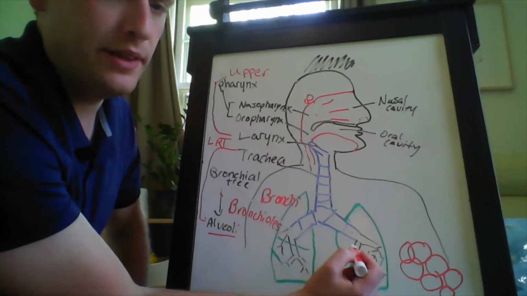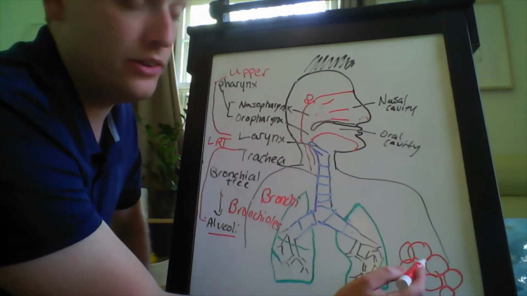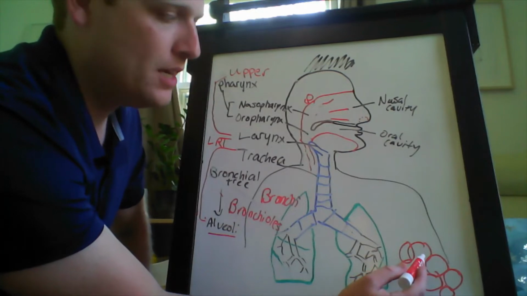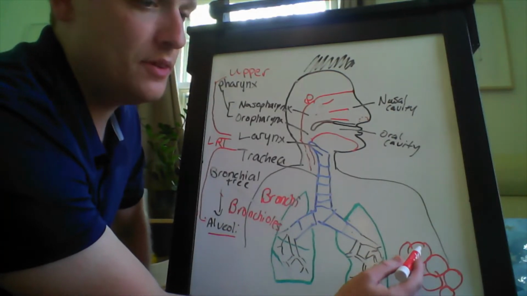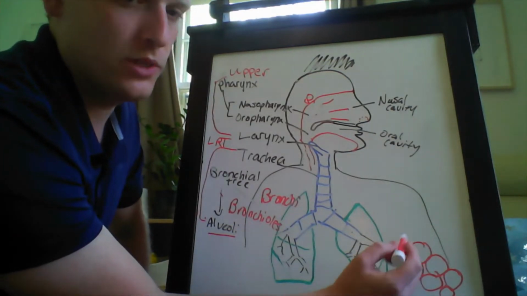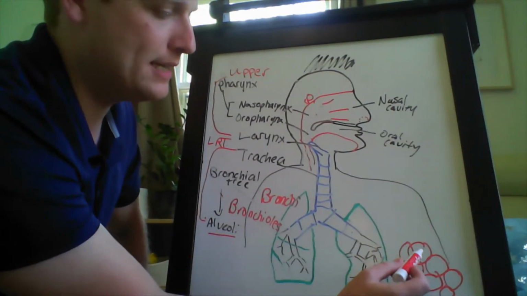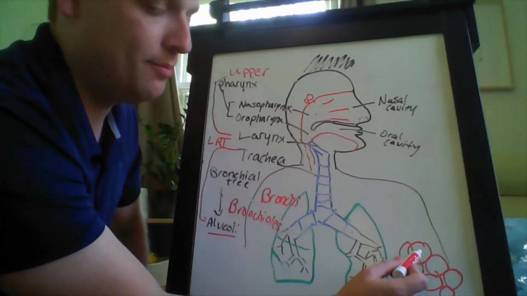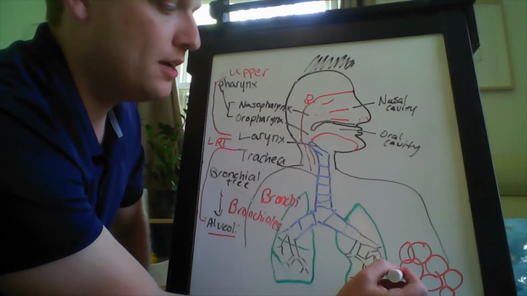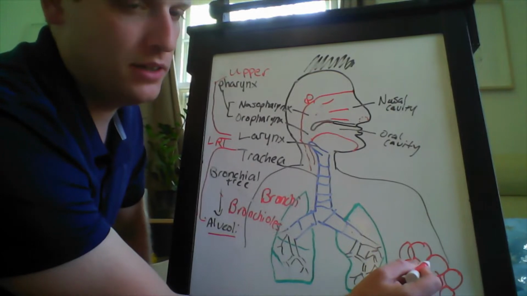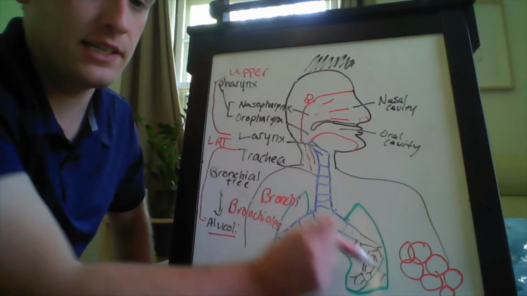As you breathe in, oxygen and other gases enter these air sacs, and because of the pressures of oxygen, which we'll talk about in a little bit, oxygen is moving from the air into the bloodstream. These membranes that make up the alveoli are the site of gas exchange.